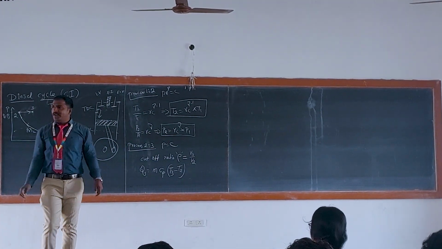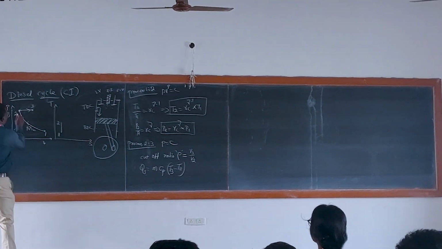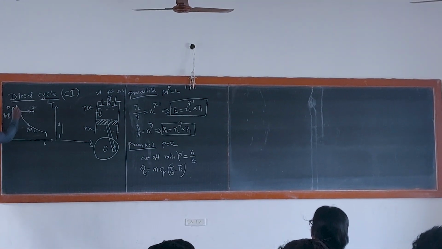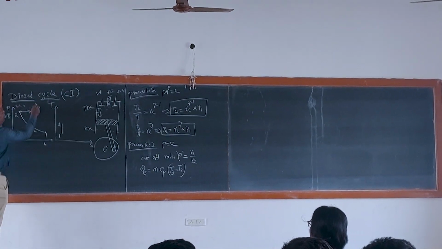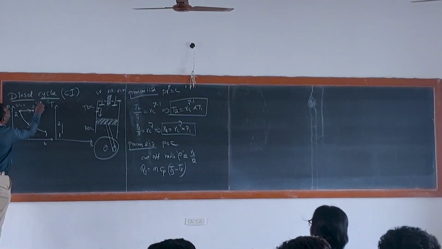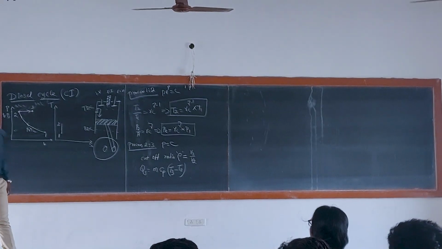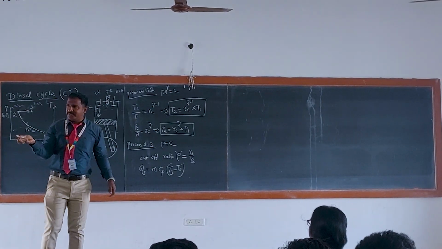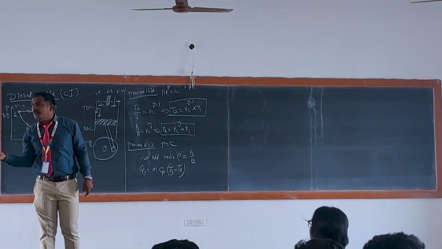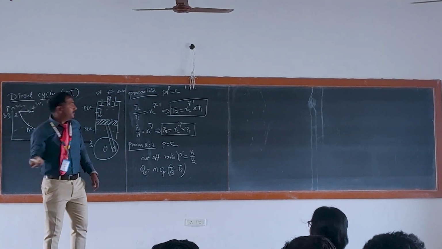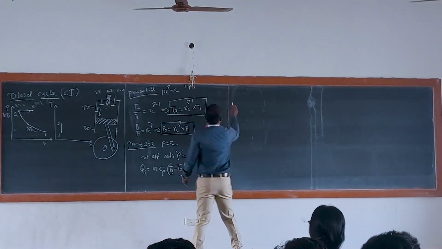Got it? So as I informed you, here we have P2, T2, V2, and here we have P3, V3, T3. Sometimes we may not have a few parameters, and the question won't give them. So how to find that? What relation? PVT relation.